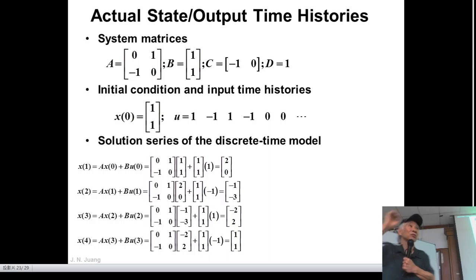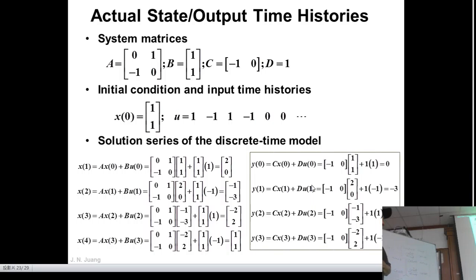I'm computing my true state here. My initial condition is 1, 1. My u is 1, -1, 1, -1, 0, 0. All of this is what you would do in your laboratory. This is simulation.